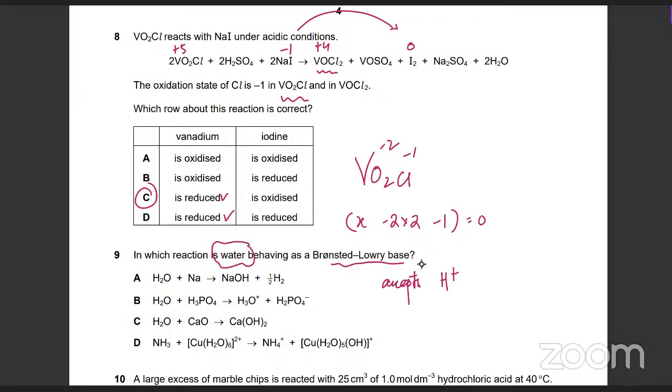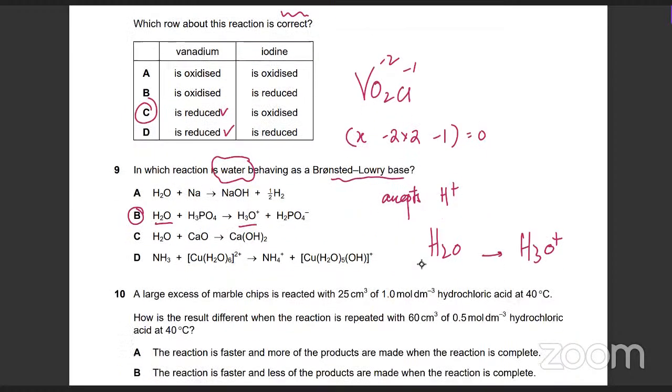In which equation is the water accepting H+? The second equation. When water accepts H+, it becomes H3O+, with an extra H+ attached to it. You had water, and now water is H3O+. So that's P. Okay, is that clear?